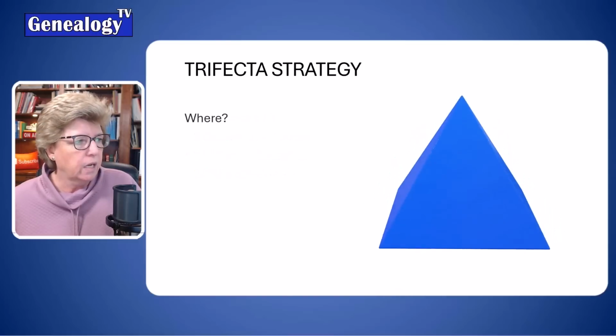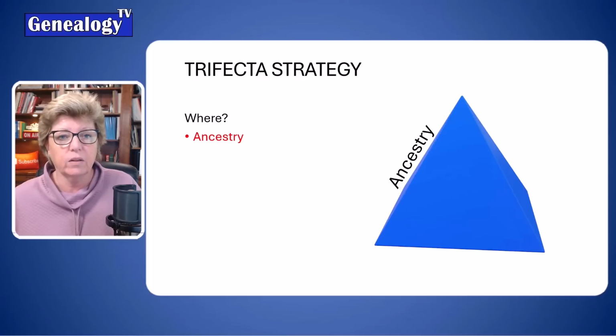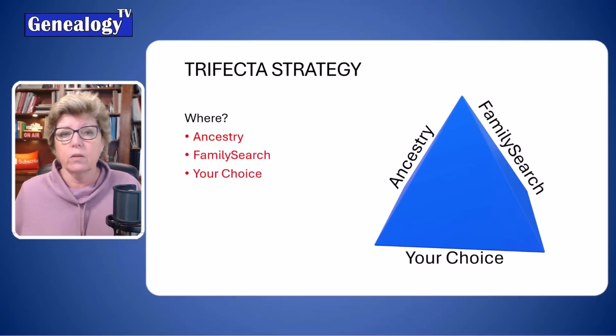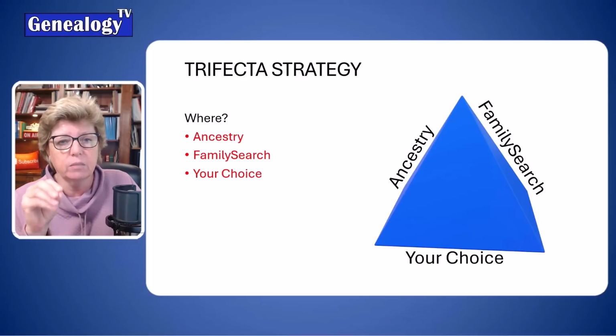Okay? And so where is one of the places that you're going to start looking? So 3 different platforms, meaning Ancestry, FamilySearch, and one other of your choice. The one other of your choice needs to be logical with regard to your research question.